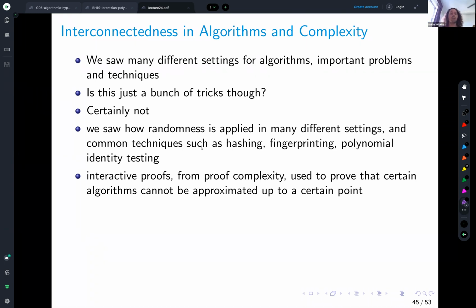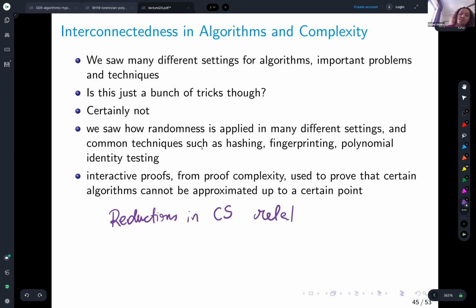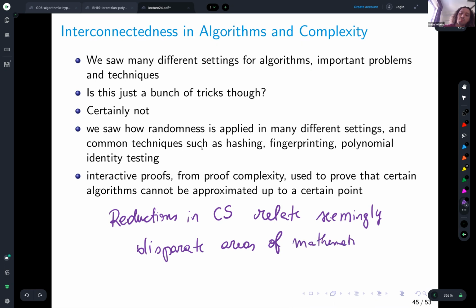So the idea here is that reductions in computer science relate seemingly disparate areas of mathematics and computer science, right?